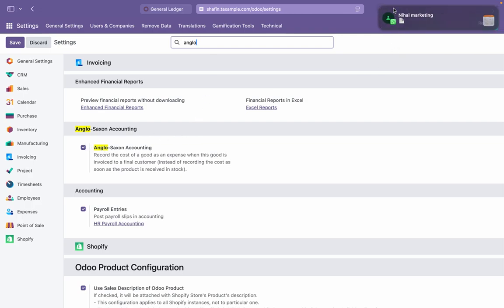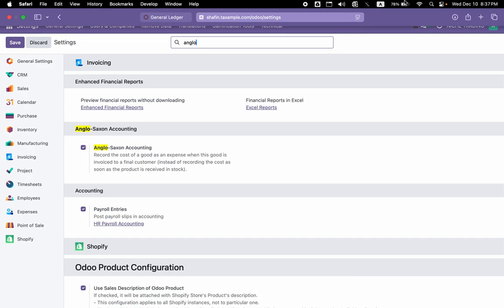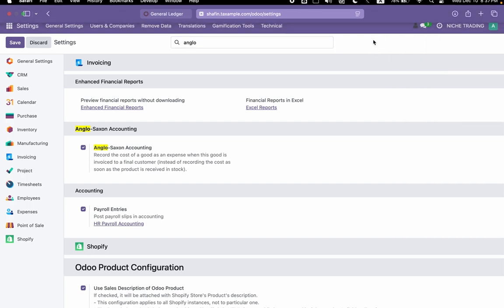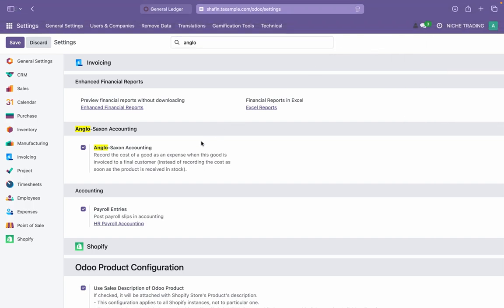this is called Anglo-Saxon accounting. Okay, so what does Anglo mean? We have to understand how we want to hit the inventory out into our accounts, because in the Continental method, which is normal for most of the companies around the world, whenever the item is purchased, it directly hits the cost of goods sold.